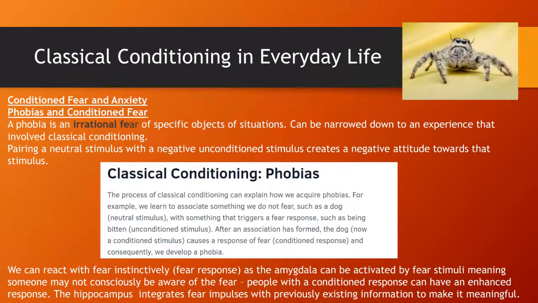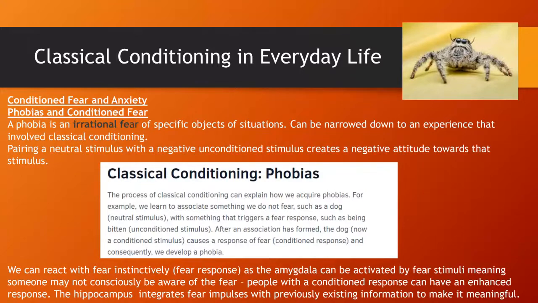We can somehow also react with fear instinctively. Sometimes we are instinctively scared of something, and that's to do with our brain makeup. And the amygdala in our brain can be activated by fear stimuli, meaning someone might not consciously be aware of the fear. And people with a conditioned response can have an enhanced response, so it can actually make it worse.